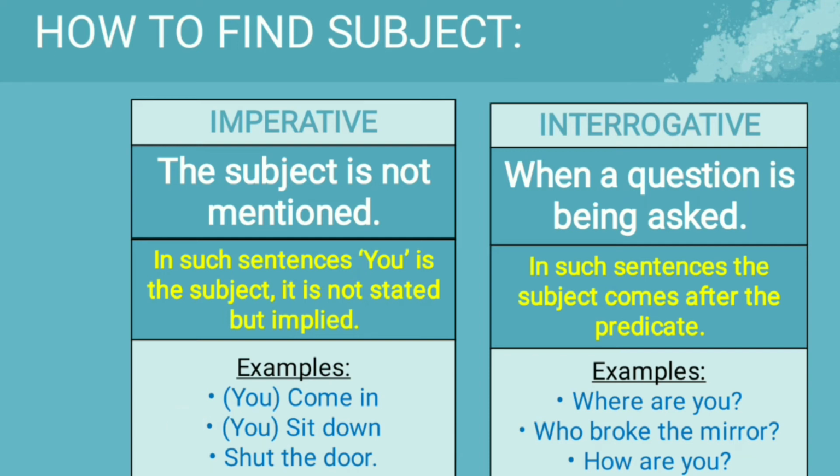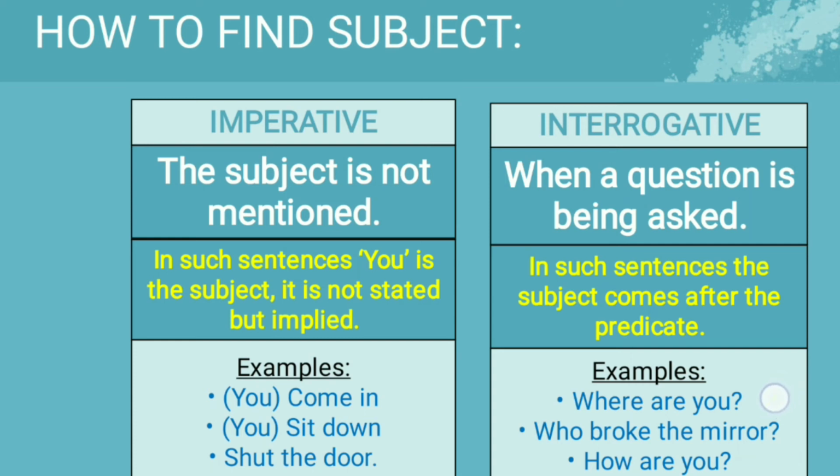Now let us look at some examples of interrogative sentences. Where are you? Who broke the mirror? How are you? Now we had been looking at sentences where the sentence used to start with a subject. But in interrogative sentences, the subject comes after the predicate.